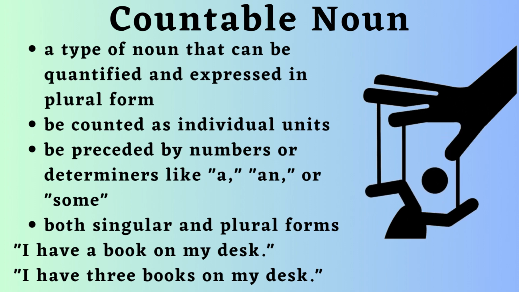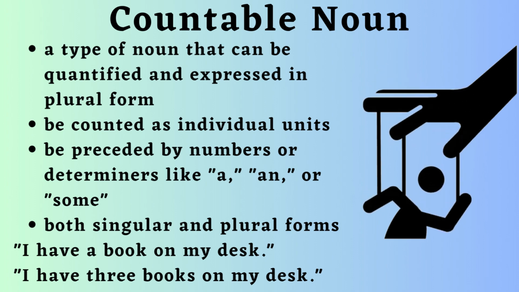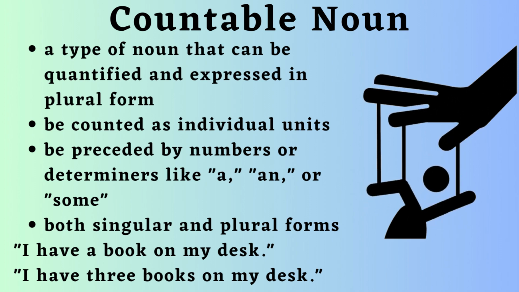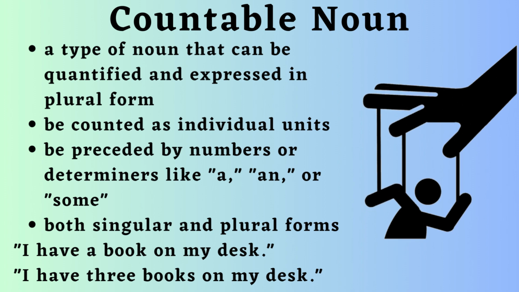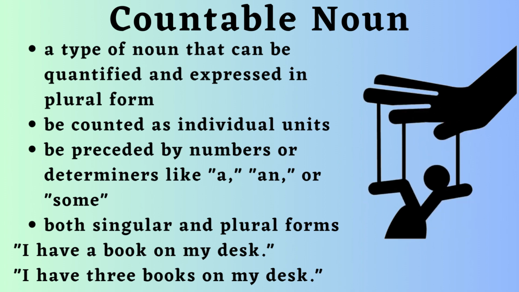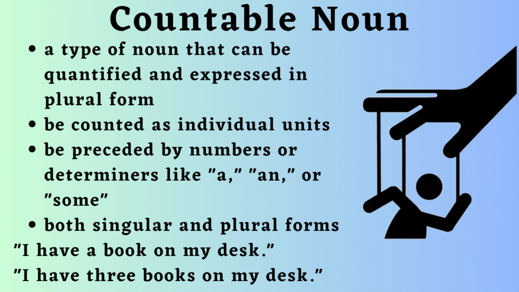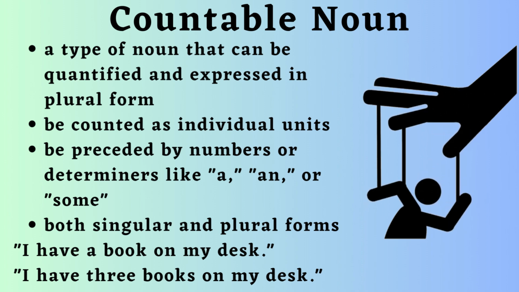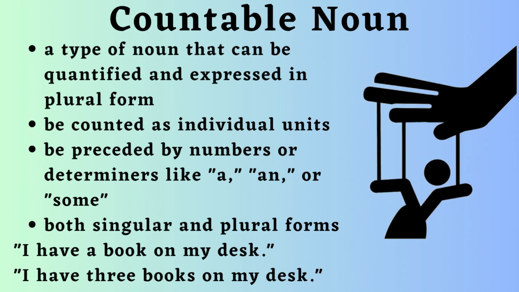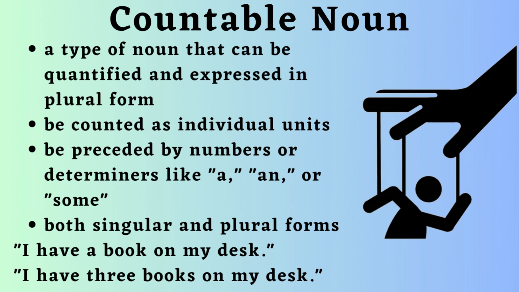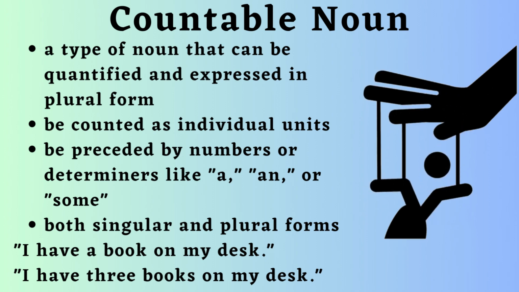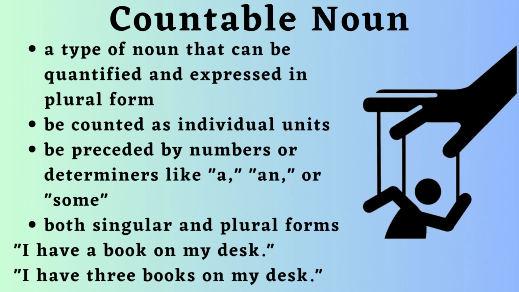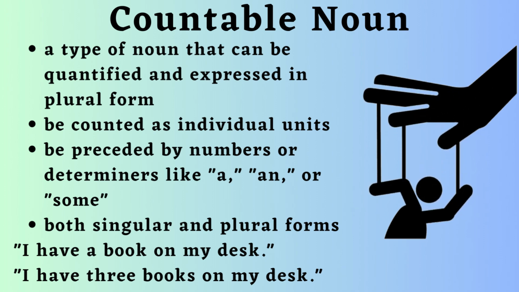In plural form, we can use the same word book as I have three books on my desk. In this example, book is a countable noun because it can be counted as individual units. You can refer to one book like a book or multiple books like three books.